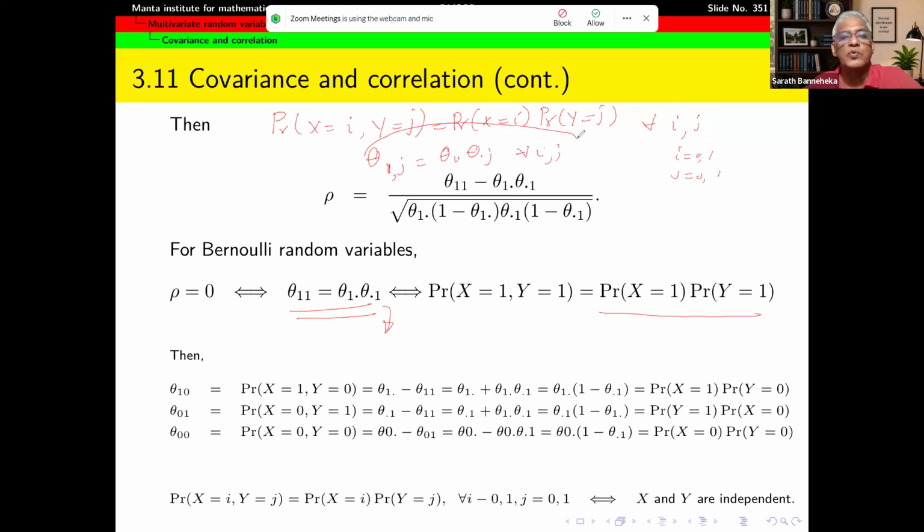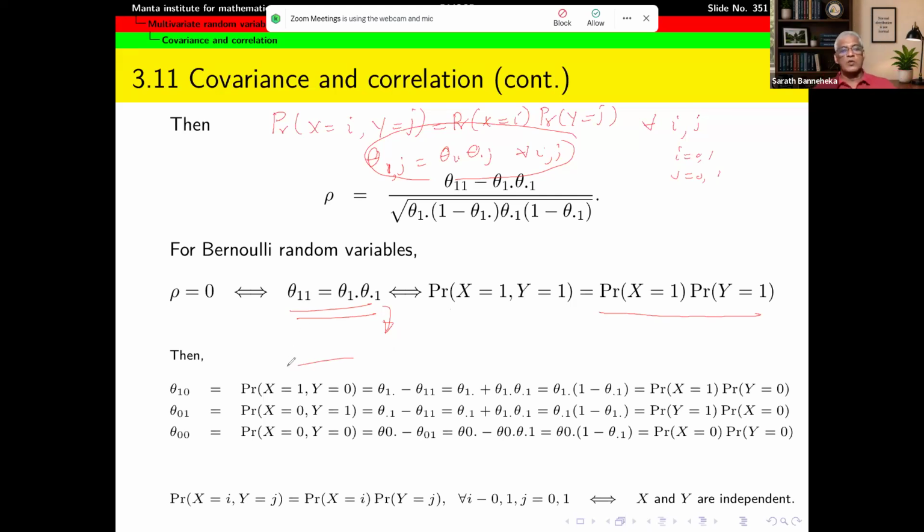So that is what we have to prove. We have proved now here, assuming that rho equal to 0, it gives you the expression for the i equal to 1 and j equal to 1 case. But we have to show that this is true for all i, j, right? So we can actually show that.